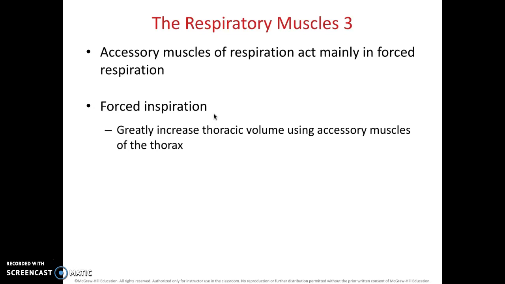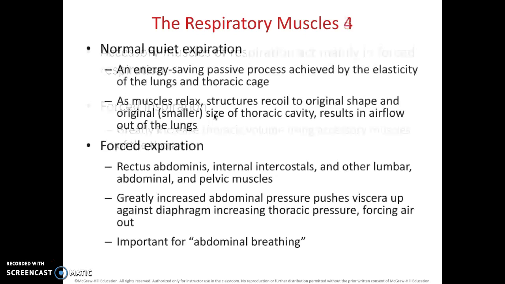I'm not going to ask you to remember each of them, but do know the difference between forced inspiration and inspiration while you're at rest. So forced inspiration greatly increases the thoracic volume using those accessory muscles of the thorax and sometimes the abdominal muscles.